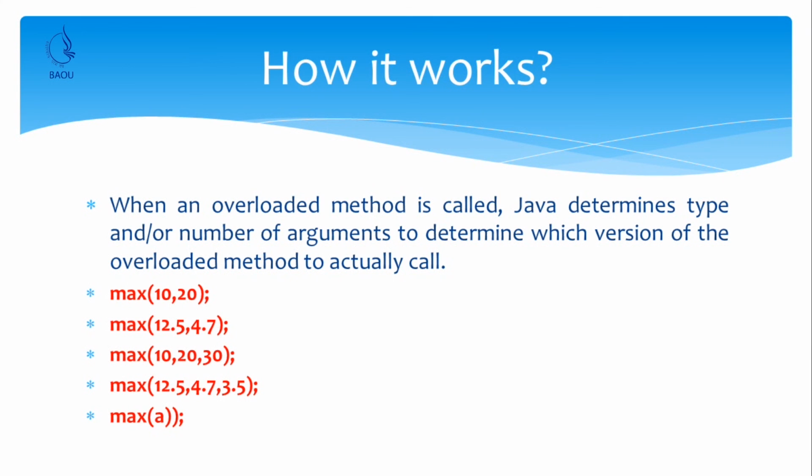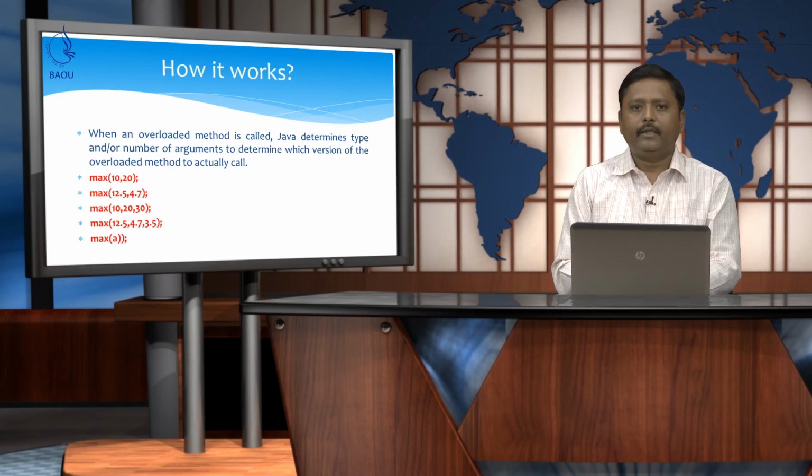In the third case, the 3 long parameters definition is executed, and in the fourth case the 3 double parameters definition will be executed. And in the last case, if we assume that A is an array of type double, then that definition will execute. So, this is how method overloading works.